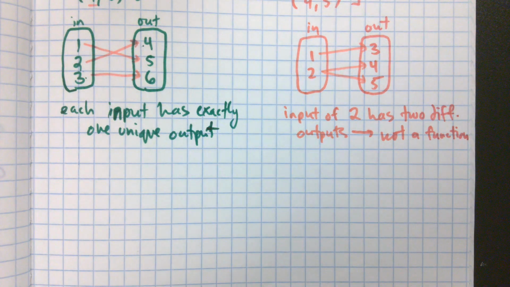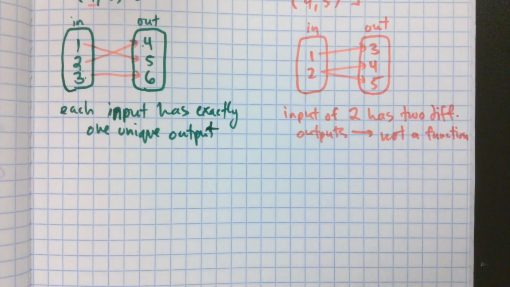All right. So that's how we can tell. That's really the only ways we need to know how to tell whether something is a function or is not a function. So now let's focus on what is a function.